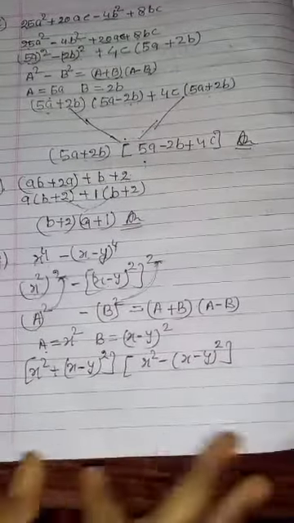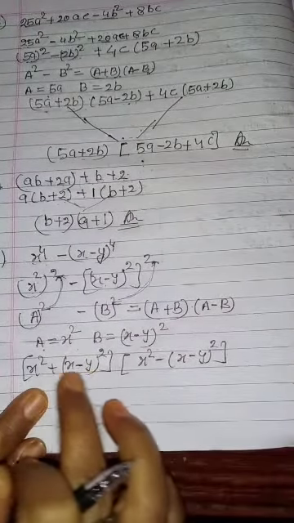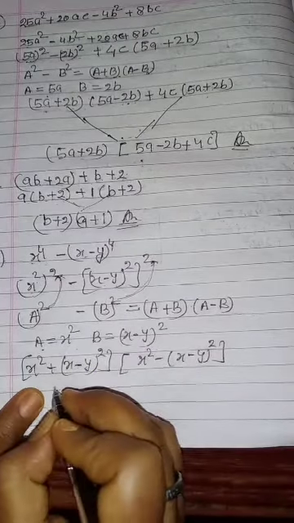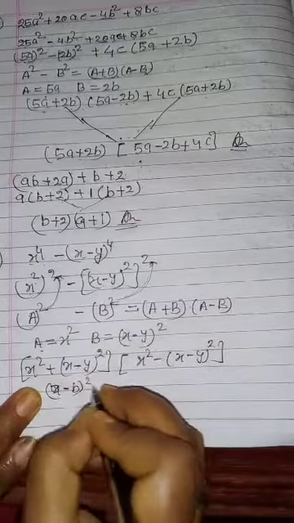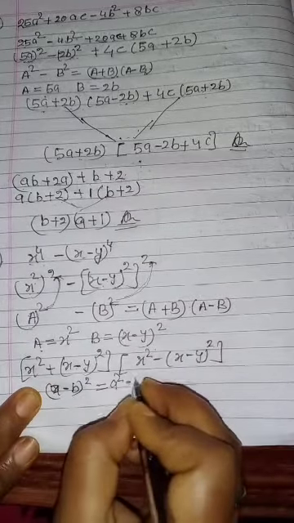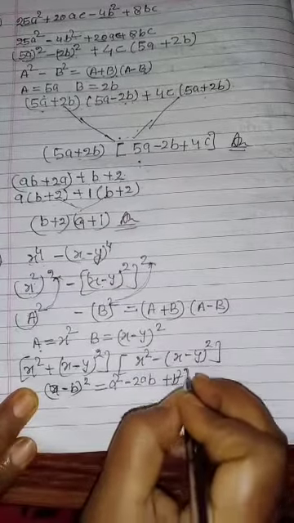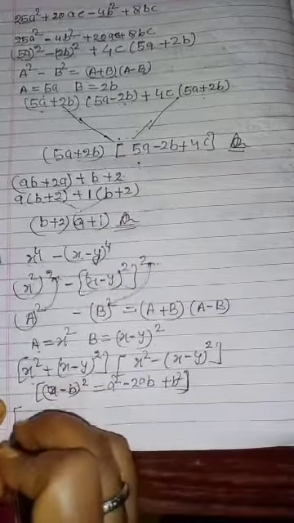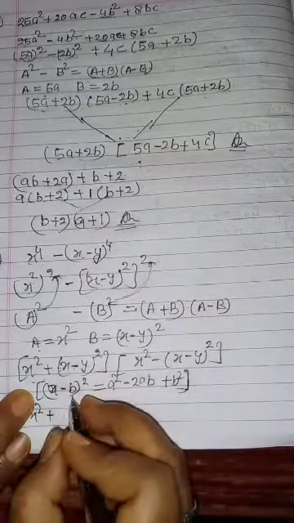Now see that, beta, this part of the question can be broken by using (a minus b) whole square, which is a square minus 2ab plus b square. So write that x square plus, put the bracket.